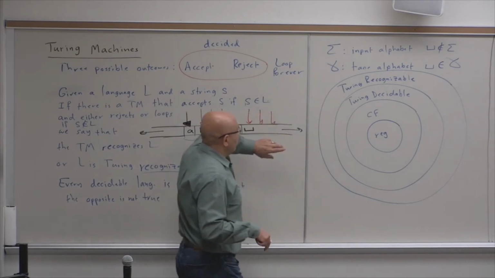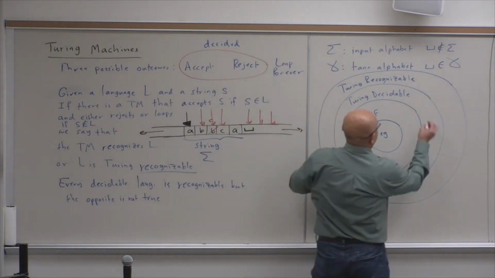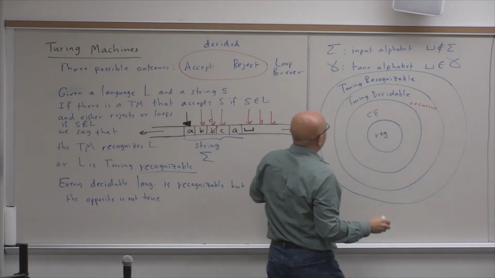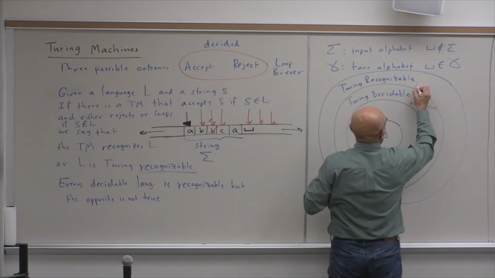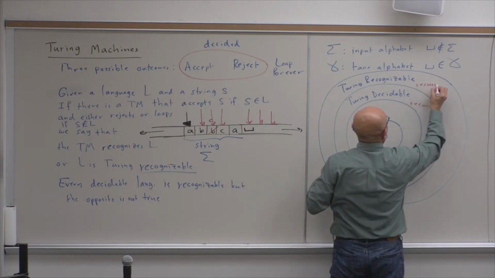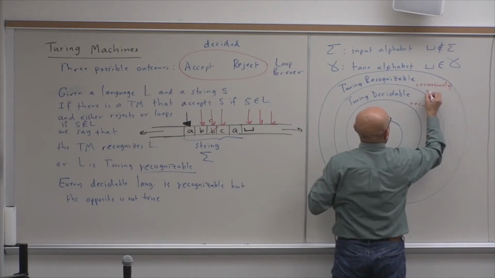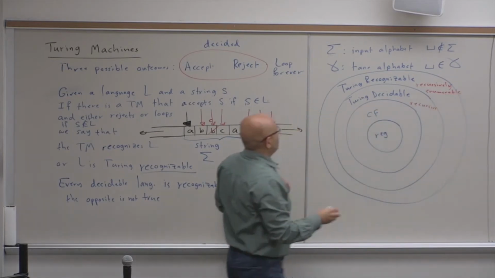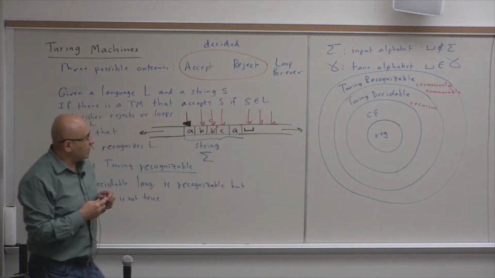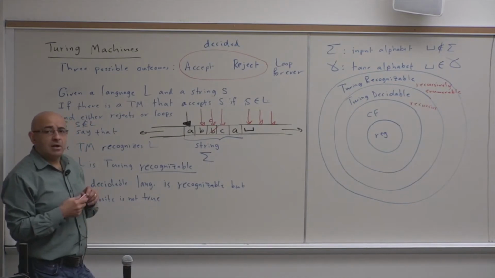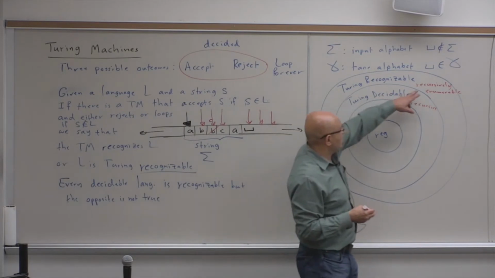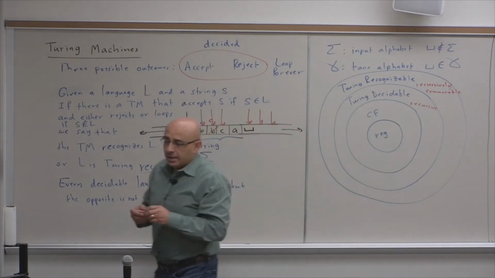So this is recursive, and this is recursively enumerable. These are alternative names: Turing decidable languages are also called recursive languages, and Turing recognizable languages are also called recursively enumerable languages.